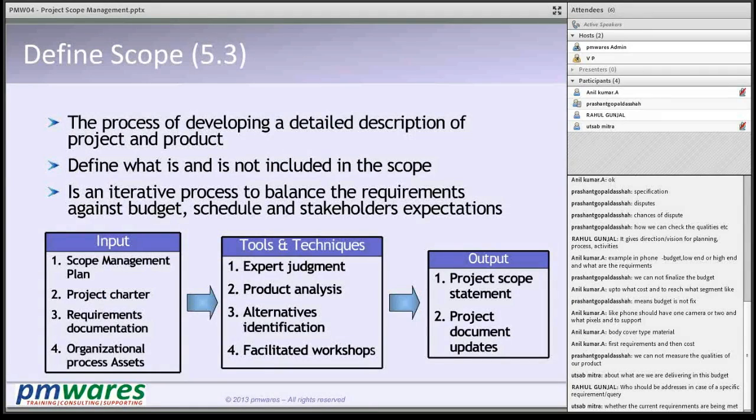Okay, the next step is defining the scope. Defining the scope is basically a narrative statement where we try to define what is in the scope and what is out of the scope, both for the product as well as the project.